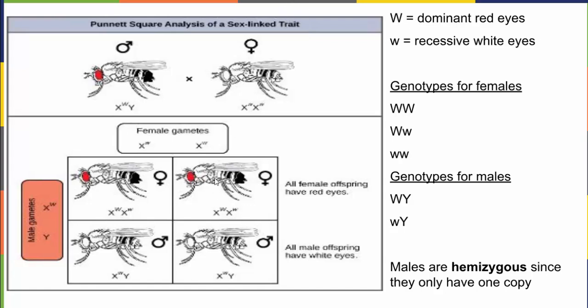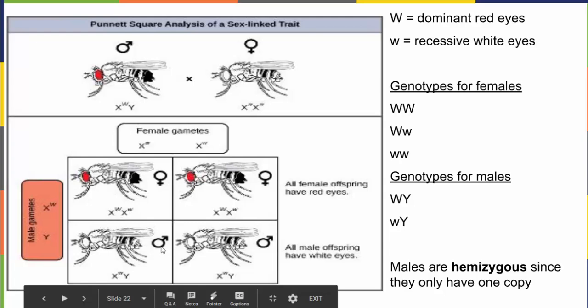In this box over here, we again got that X with the big W from dad, and we're XX, which means it's a female. And then it got that X with the little w from mom, so it's also a heterozygote. So both of these top ones are females, and they're heterozygotes. And they have the phenotype for the dominant red eyes.